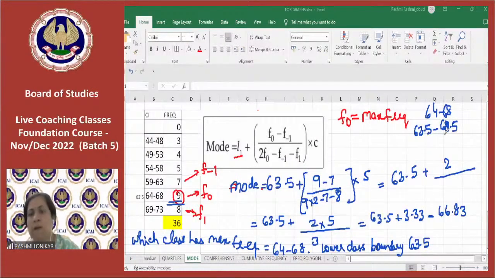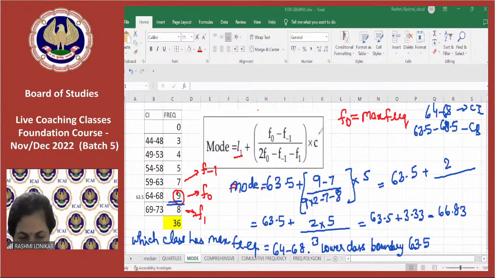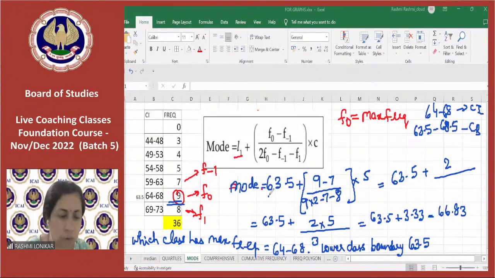So this is my class interval, and this is my class boundaries. So for this maximum frequency class, my lower class boundary is 63.5, and that is why I have taken 63.5. Okay, have you understood? And it's the same thing for median also.